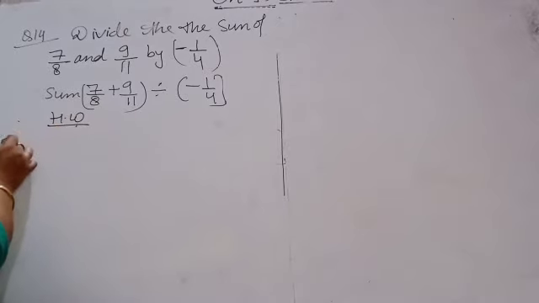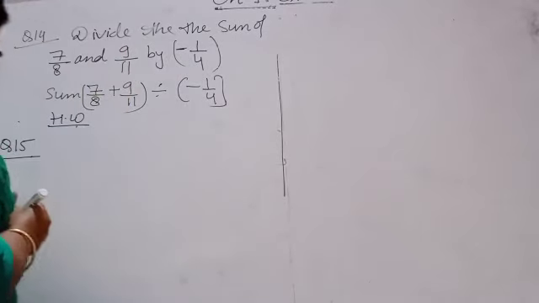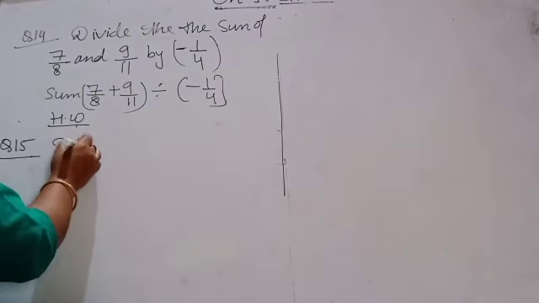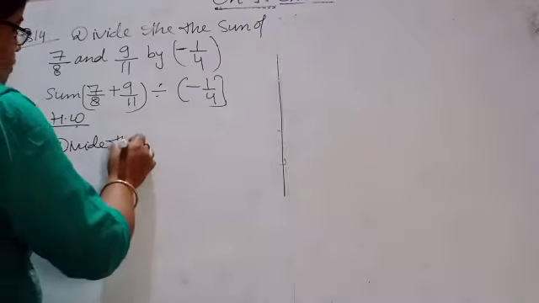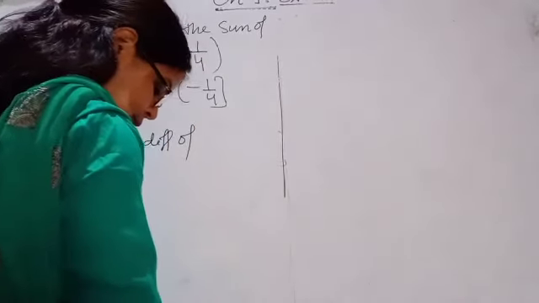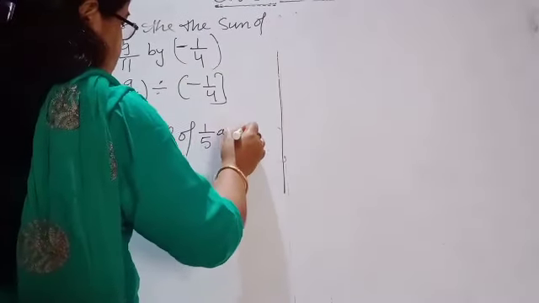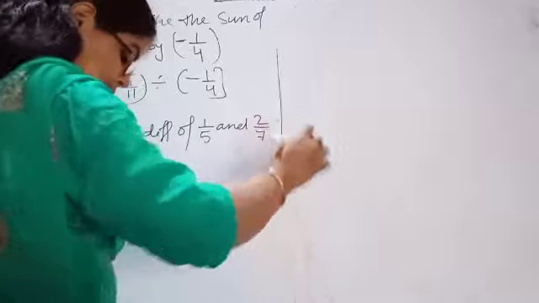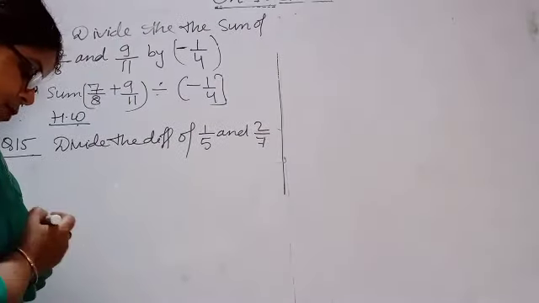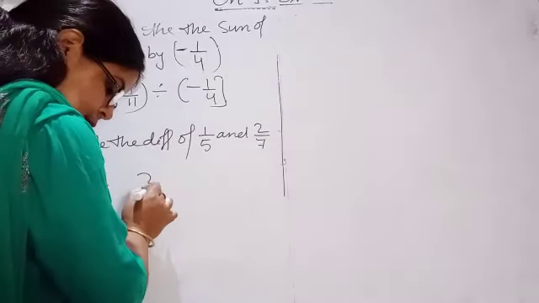Now come to question number 15. What is the question? Divide the difference of 1 upon 5 and 2 upon 7 by 2 upon 7.